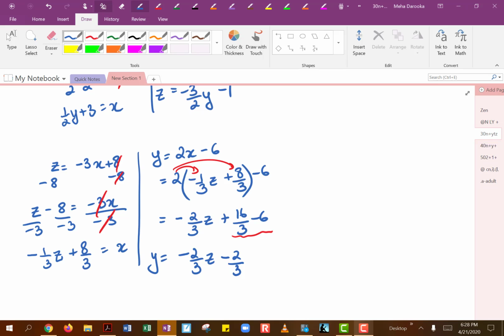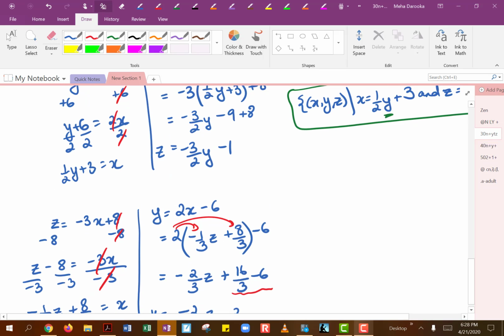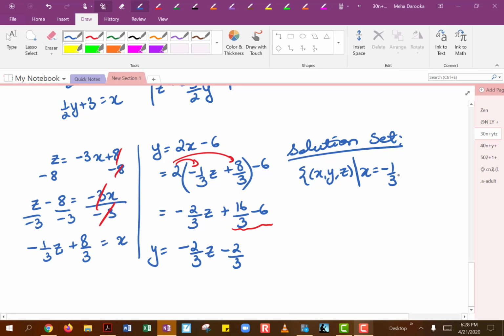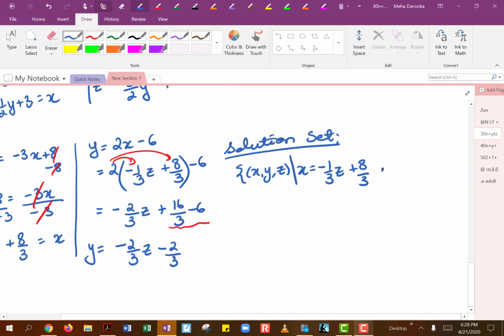Okay. Alright, so once we have this, then we can write our solution set. Which would now be x, y, and z. And you would say x equals negative 1/3 z plus 8 over 3.